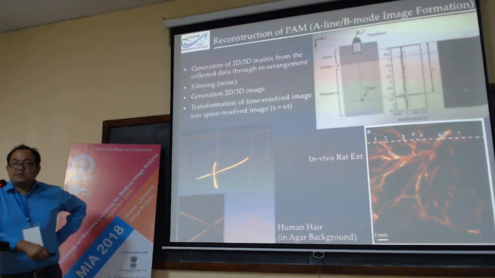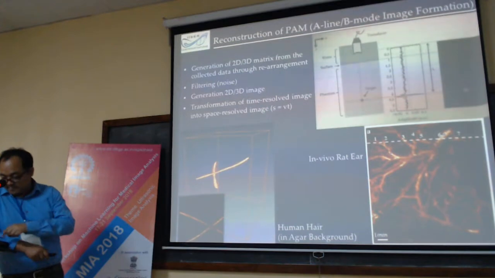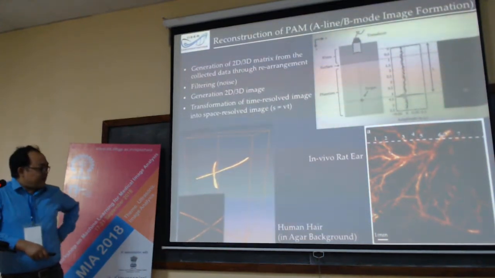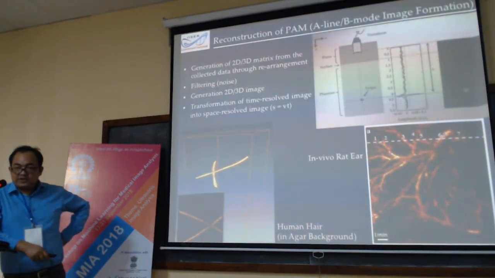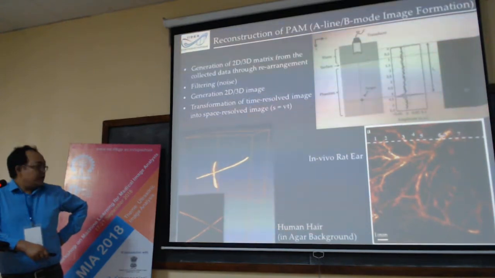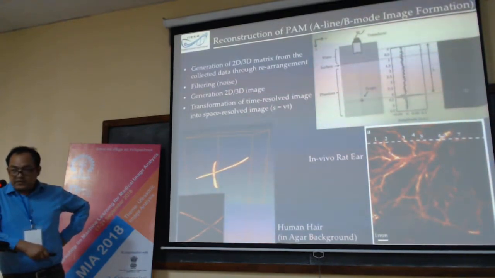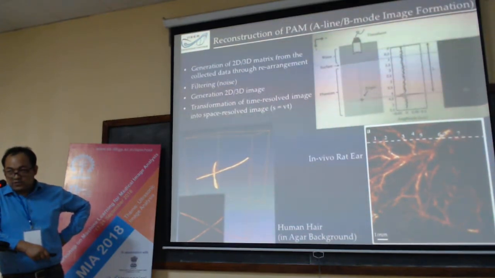This is what people started studying in photoacoustic microscopy, photoacoustic imaging. Now, the question is whether that is the conclusion of the story, the end of the story? No. Then, from the extraction of the photoacoustic signal, whether we can derive any other physical parameters of our interest. That is the question.